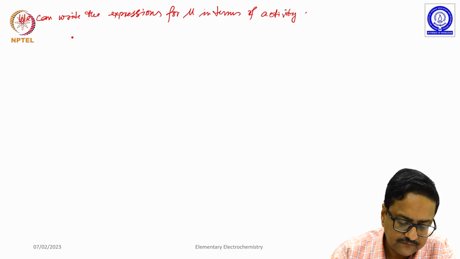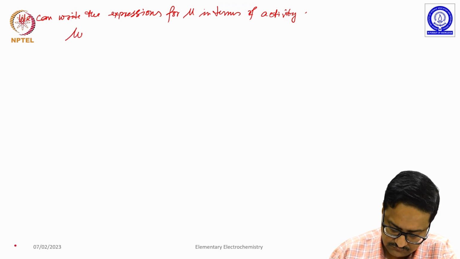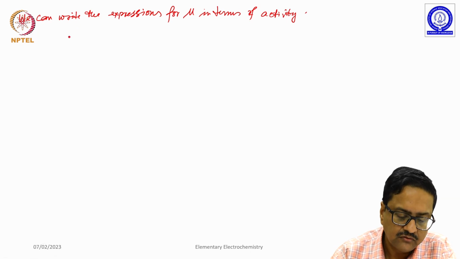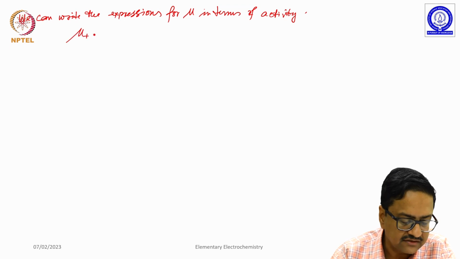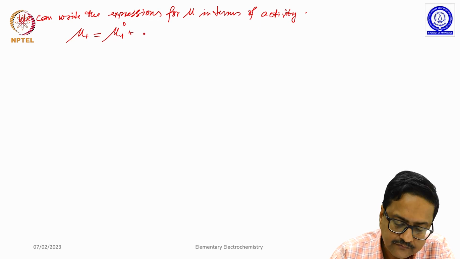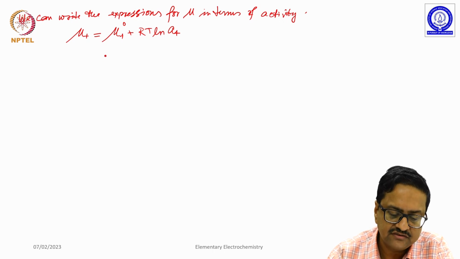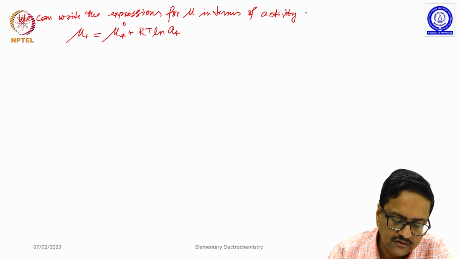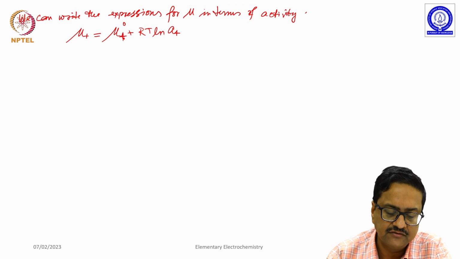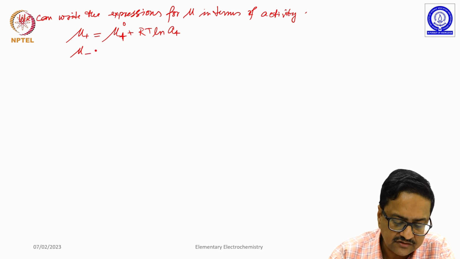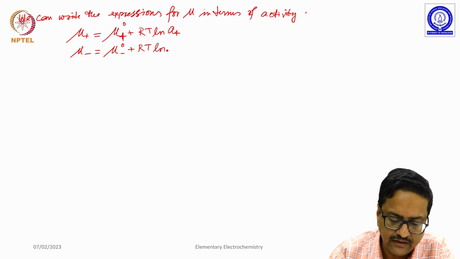So we can write mu plus is equal to mu plus 0 plus RT ln a plus, with standard notations. Mu plus 0 means the chemical potential of the cation at standard state. Similarly, mu minus equal to mu minus 0 plus RT ln a minus.